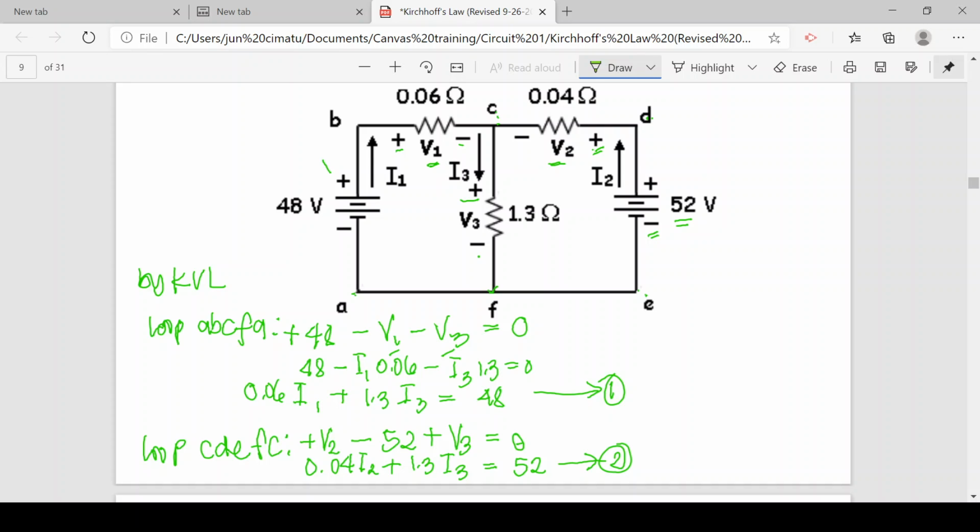So to complete the third equation, we can consider the larger loop A, B, C, D, E, F, A. But this would involve more elements in the circuits. To be more simple in approach, you can consider the junction C by applying Kirchhoff's current law.